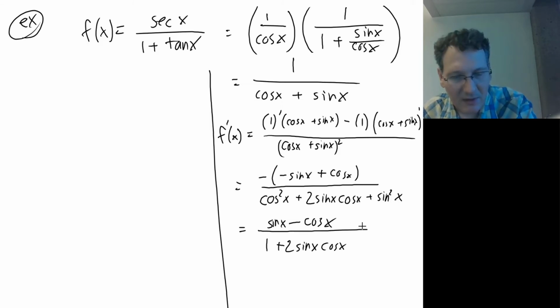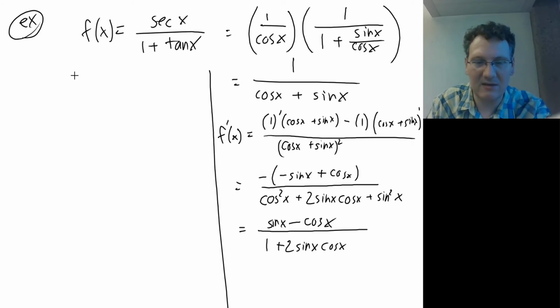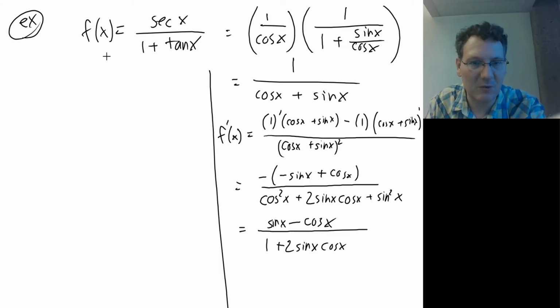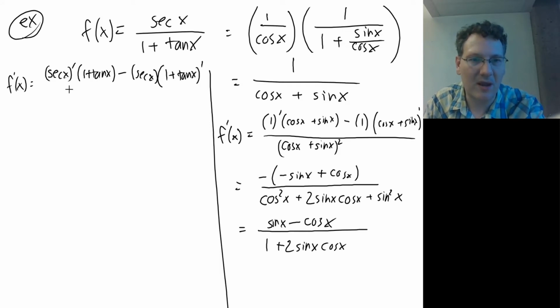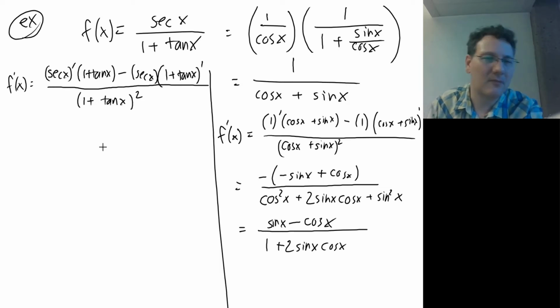So that's the derivative. But I can do this in a different way if I just take the beginning function. f prime of x is going to be the derivative of secant x times 1 plus tan x, minus secant x times 1 plus tan x prime, all of this over 1 plus tan x squared.